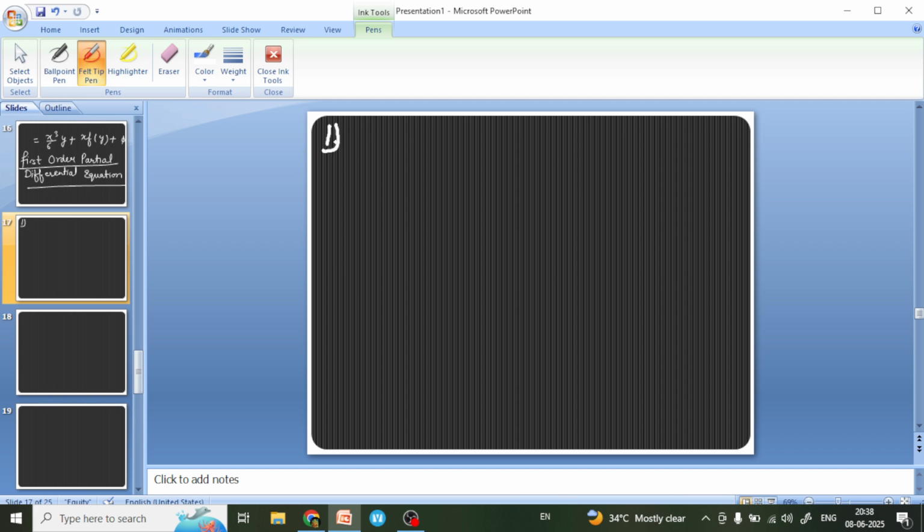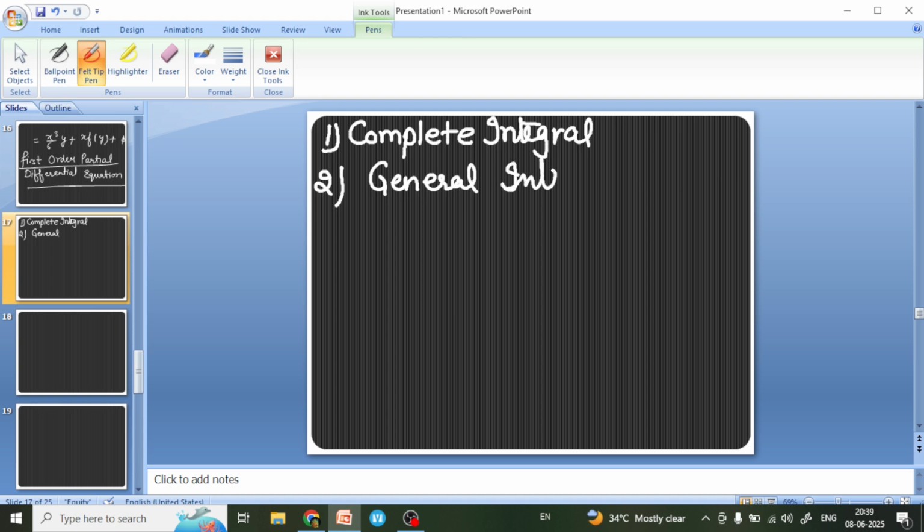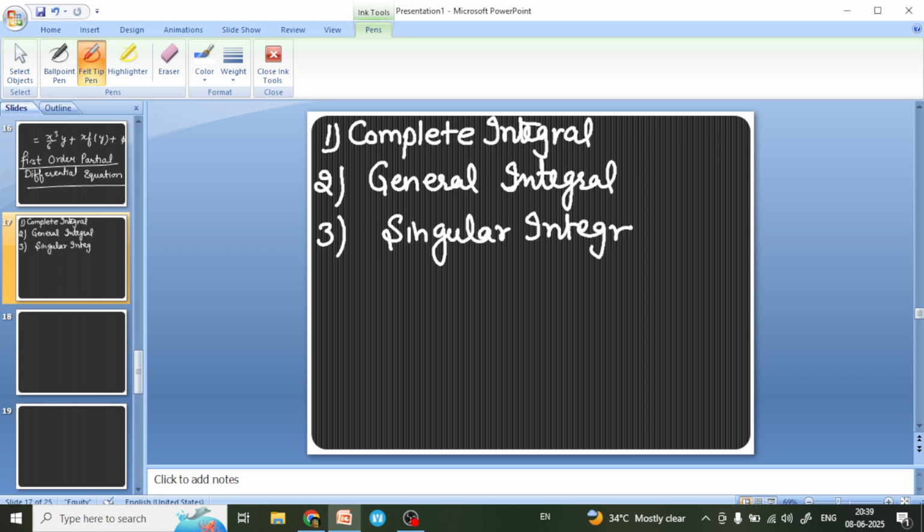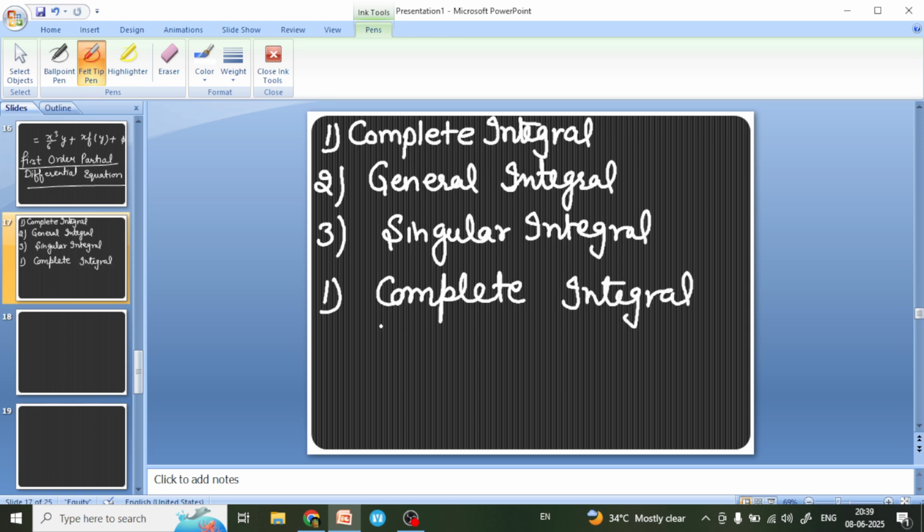And there are three types of solutions. First is the complete integral, second is the general integral, and third is the singular integral.